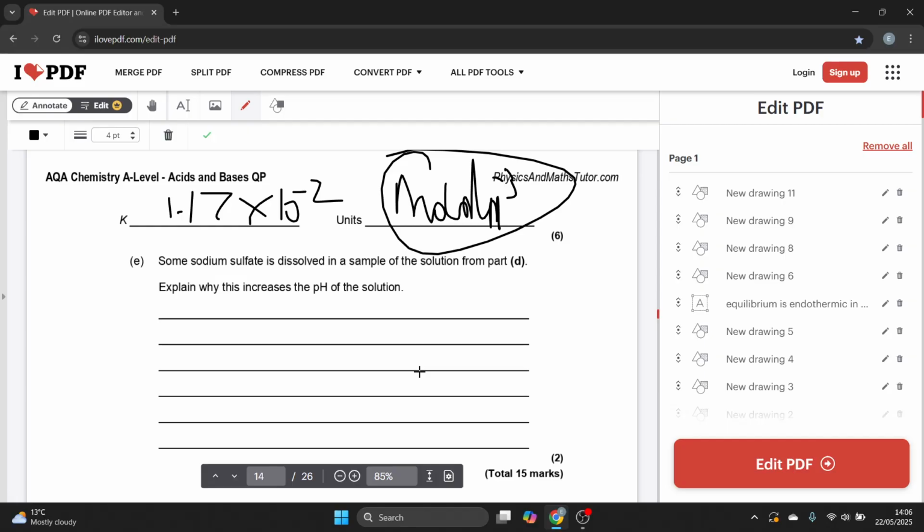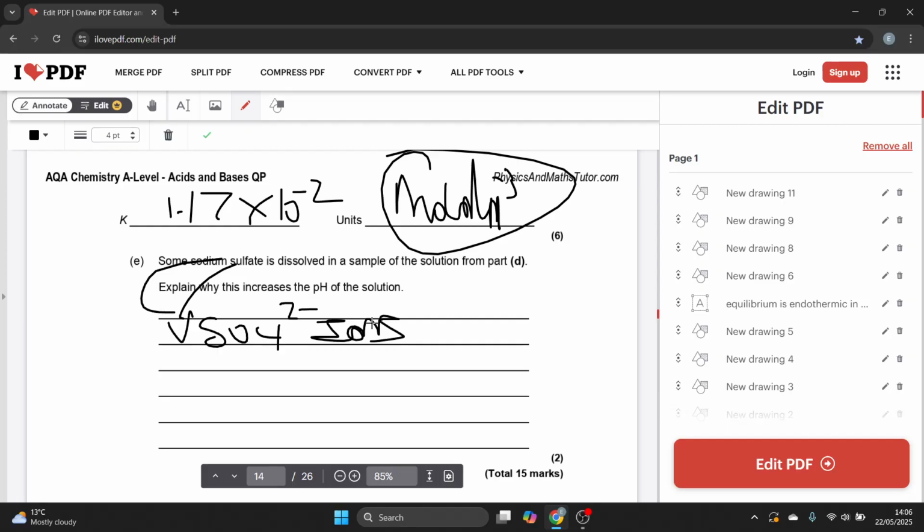So what does sodium sulfate have? If I ask you guys that question, a very simple question. What does sodium sulfate contain that is important in A-level chemistry? It contains sulfate ions. And what are sulfate ions? It contains SO4 2 minus ions, right?